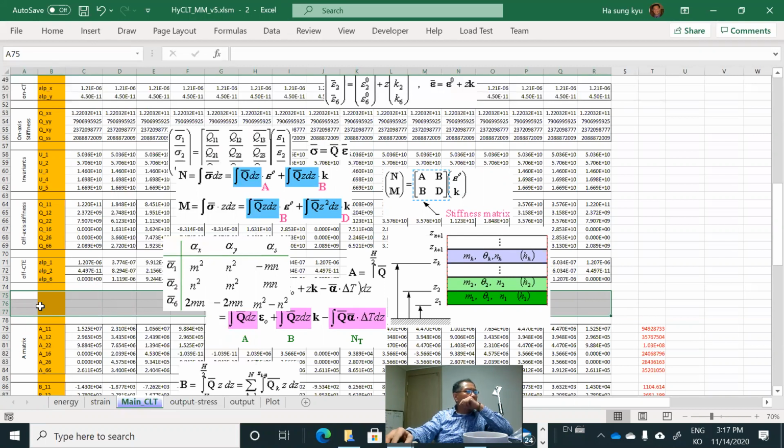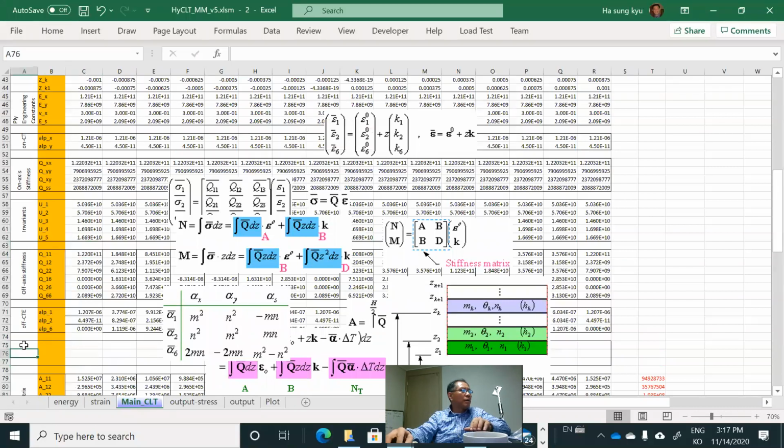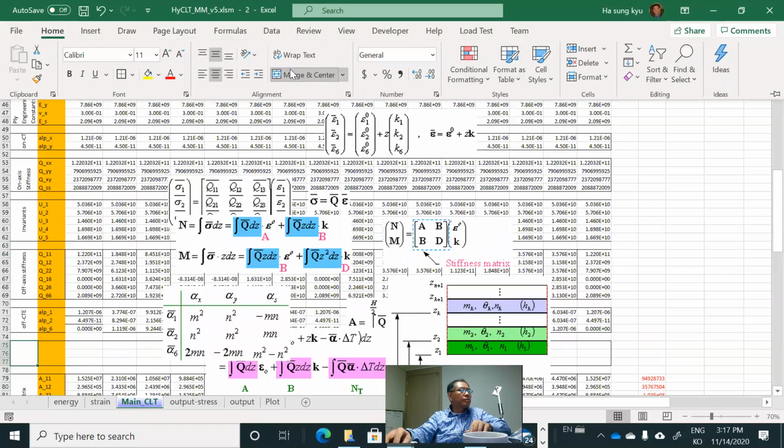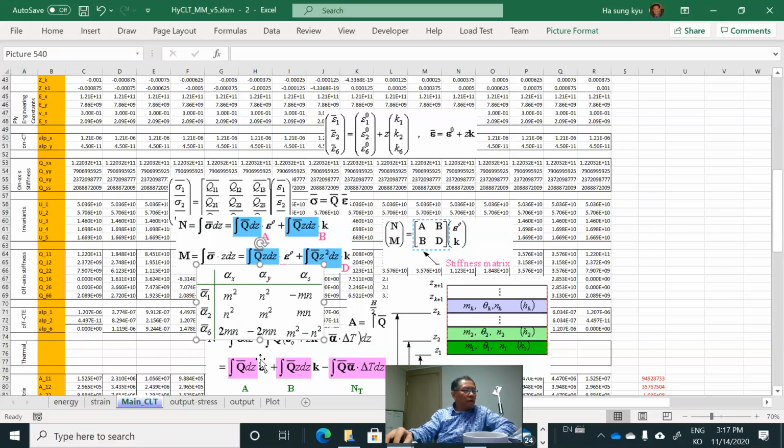And this one, I would say the mechanical, no, thermal load. Okay, so these are the terms.